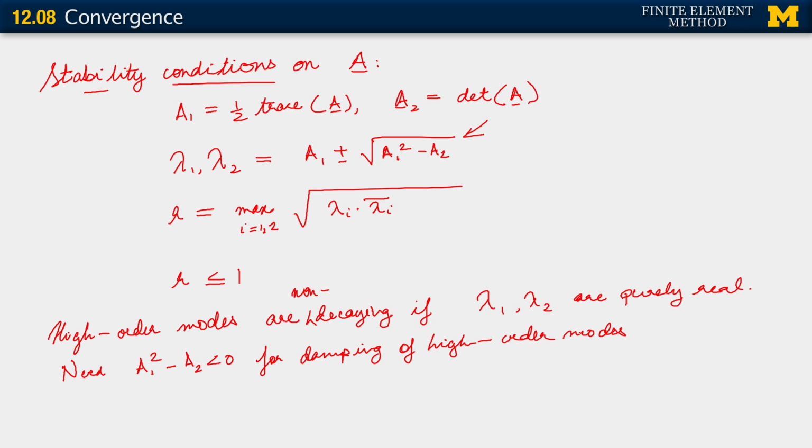Okay, so this is really a sort of parabolic condition. If we go back and now plot out this parabolic condition on our A1, A2 space that we introduced at the end of the last segment, here's what we'd see.